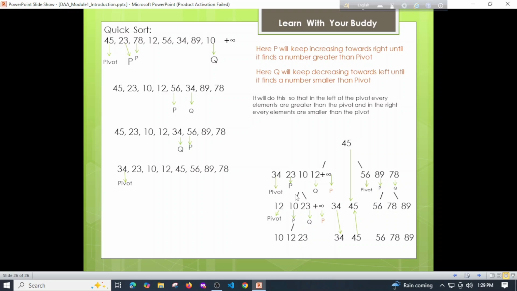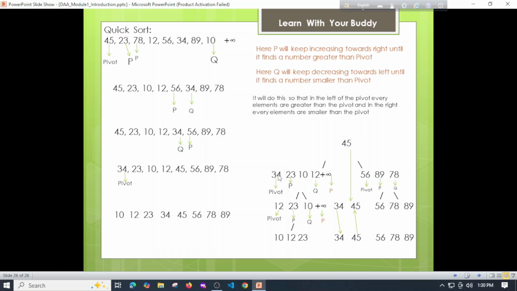So 12 is the new pivot there, and the new P is 23 and our new Q is 10. I have also kept the infinity for safety, but we may not need it here because P is already greater than the pivot and Q is smaller than the pivot, so they will swap.